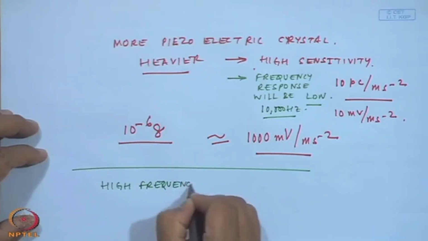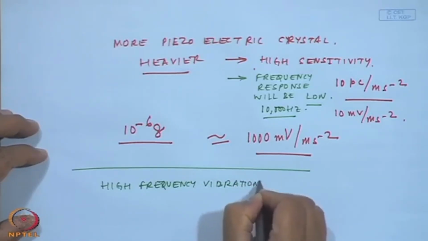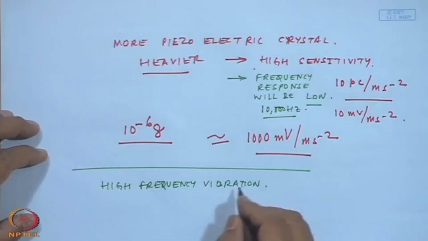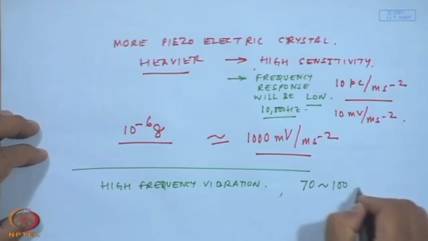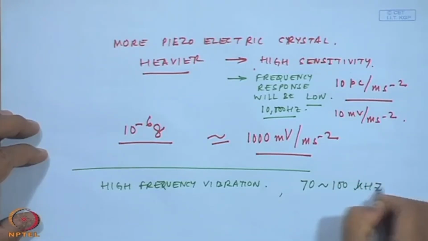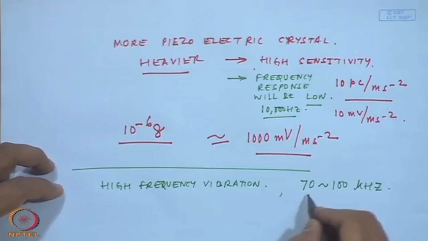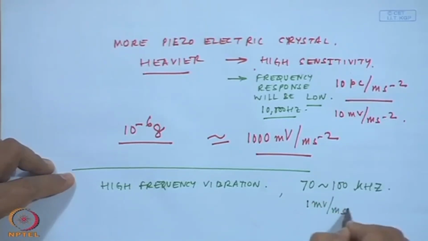To measure high frequency vibrations, the frequency response of the accelerometer has to be very high, maybe about 7200 kilohertz. So, they have to be very lightweight. So, the sensitivities are very low, maybe 1 millivolt per meter per second square.